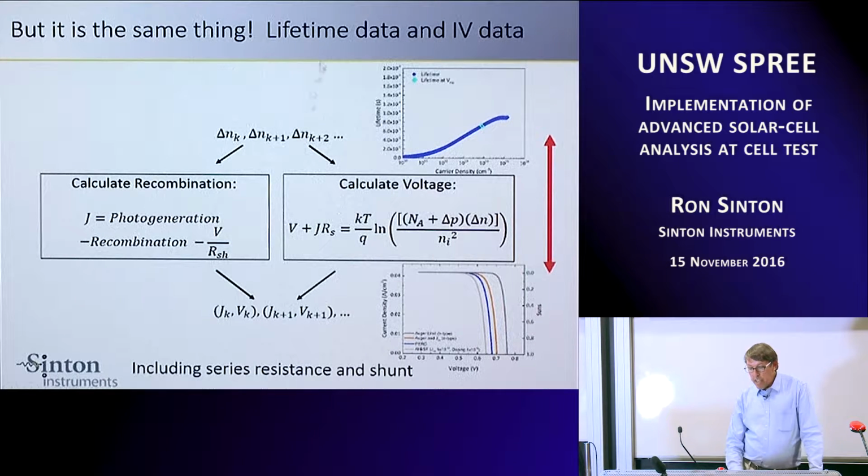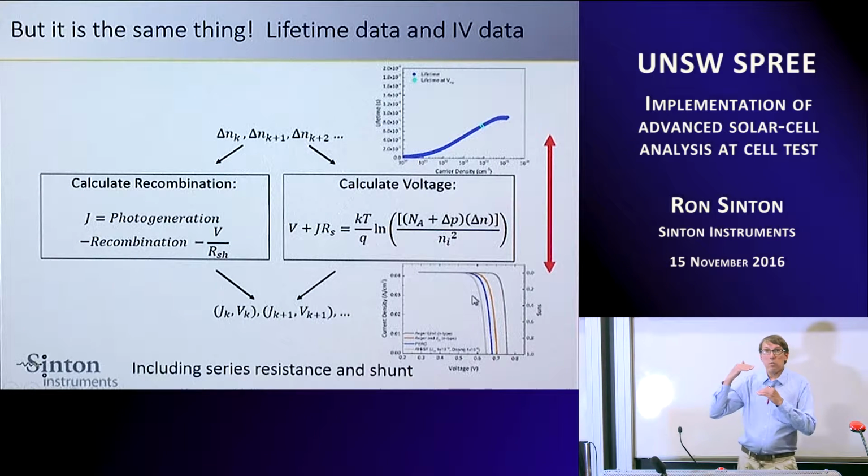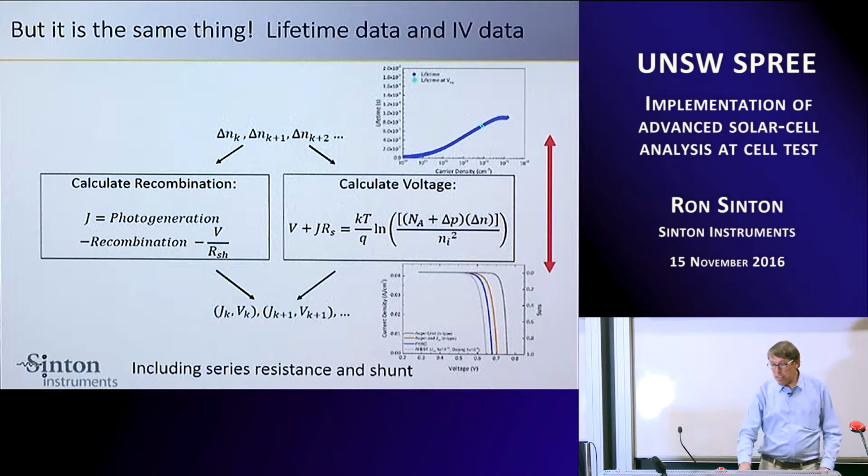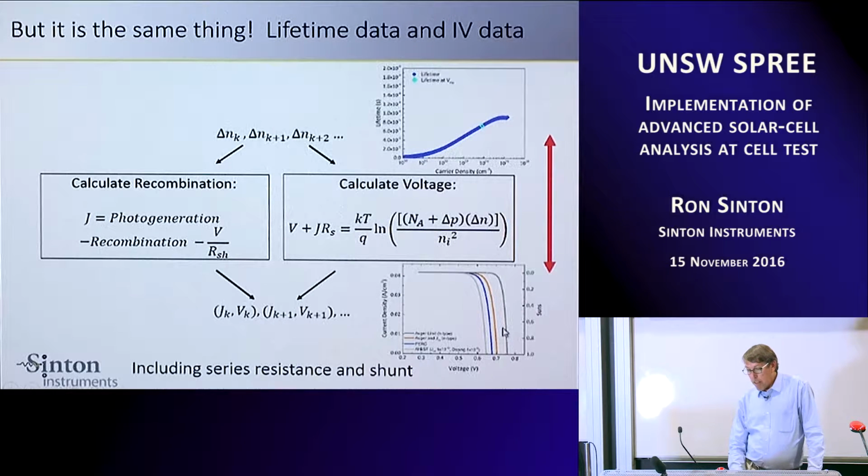So for every delta N, it implies a current density from a solar cell measurement. But similarly, if you take the delta N, you know the voltage because you can calculate the log of the PN product over Ni squared. And so the only additional parameter you need here is the substrate doping. And you get IV curves. So this is going from lifetime to IV curves, but you can do exactly the same thing to go from IV curves back to lifetime.